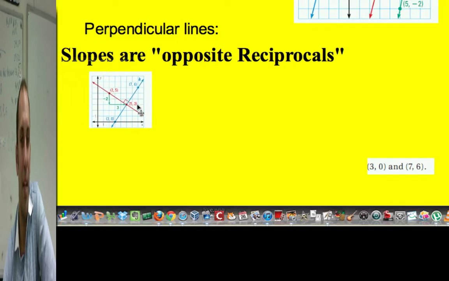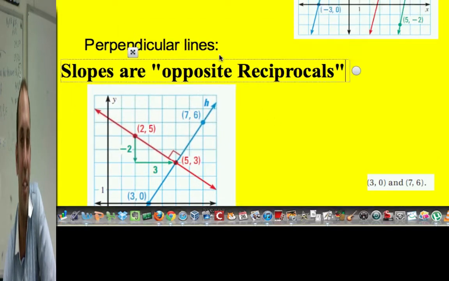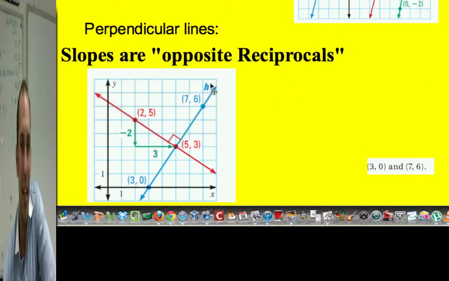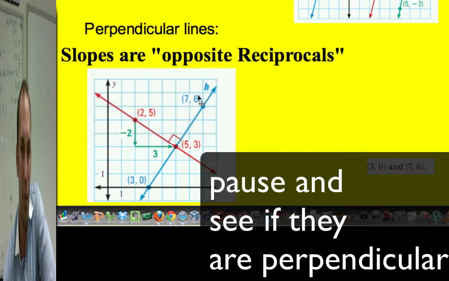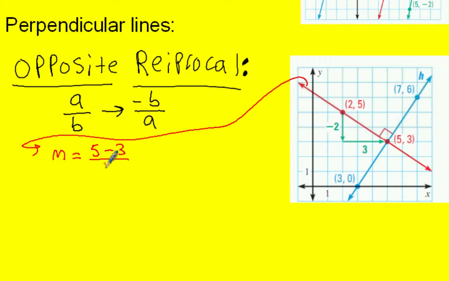Okay, now let's look at this graph here and let's see if these two lines, the blue line and the red line, are perpendicular. To see if they're perpendicular, we have to see if the slopes are opposite reciprocals. So we start with the red line. Let's find the slope of the red line. So I'm going to start with the y's over the x's for the slope. The x's are 2 minus 5.